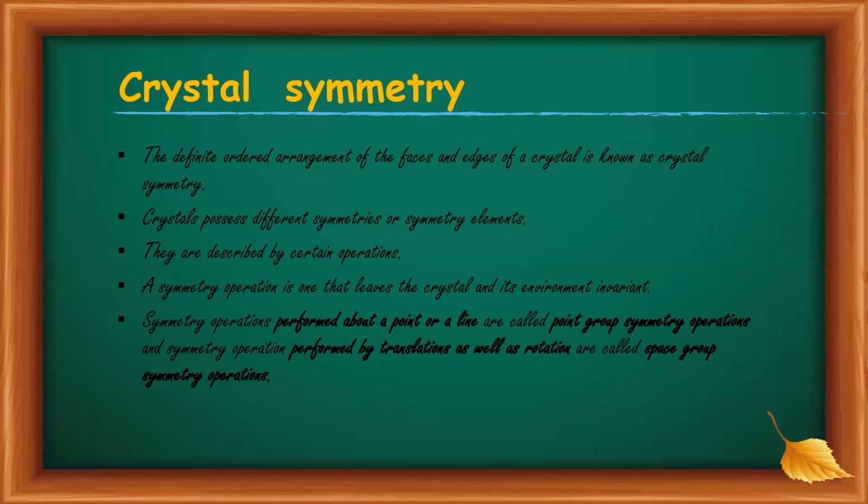So there are two types of symmetry operations: point group symmetry operations and space group symmetry operations. In point group symmetry operations, the symmetry operation is performed about a point or a line, and in space group symmetry operations, the symmetry operation is performed by translation as well as rotation.